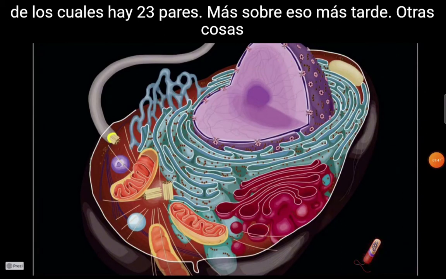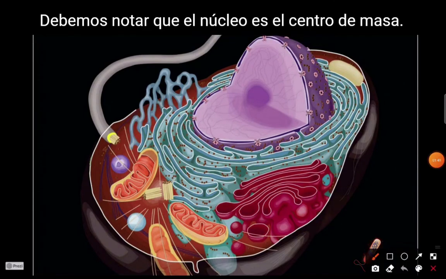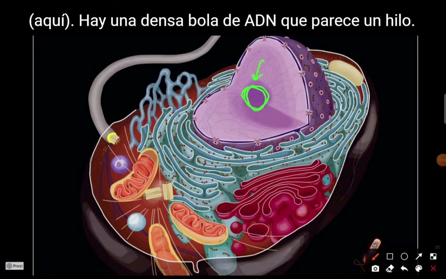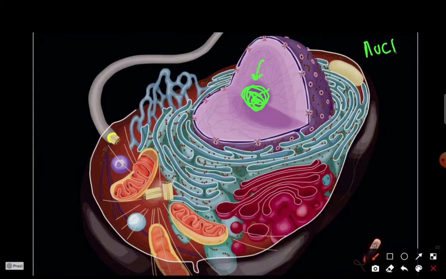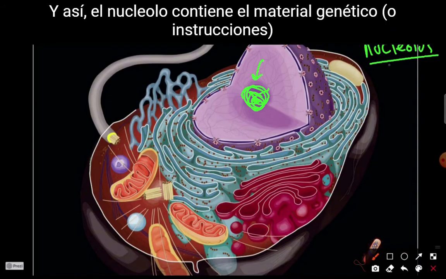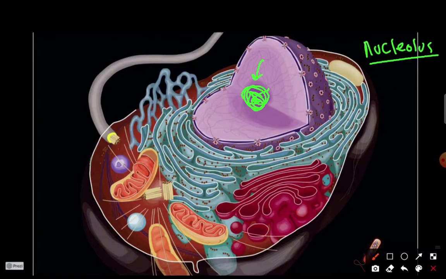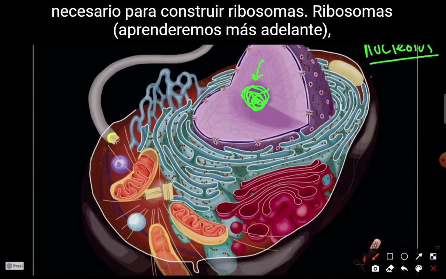More on that later. Other things we should notice about the nucleus is the very center mass here. There's a dense ball of yarn-looking kind of DNA. There's just lots of strands of DNA in here. And that is called the nucleolus. And so the nucleolus contains the genetic material or instructions necessary to build ribosomes.